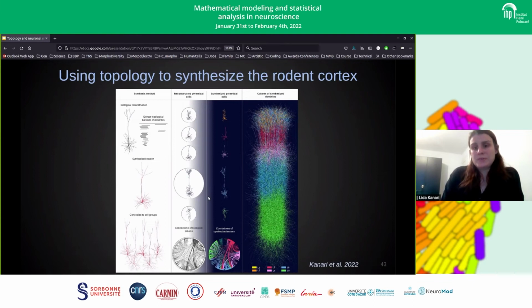And to summarize this part, this is the idea of using topology to synthesize the rodent cortex. We go from single trees to the topological barcodes of each cell type, and from this we recreate the cortical column that you've seen before.